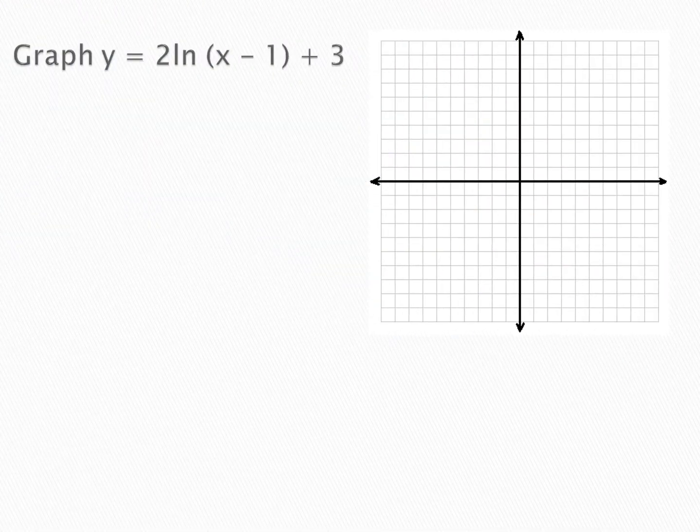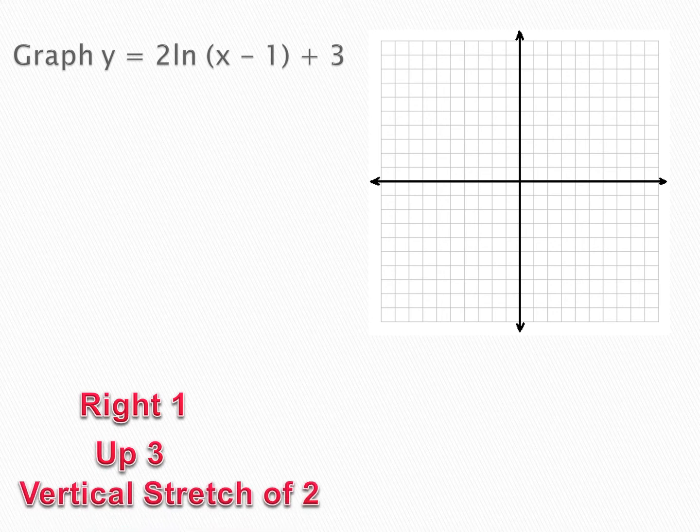All right, let's do an LN graph. So let's talk about the movement. X minus 1, well, that's right 1, plus 3, that's up 3, and then that 2 in front is going to cause a vertical stretch of 2.